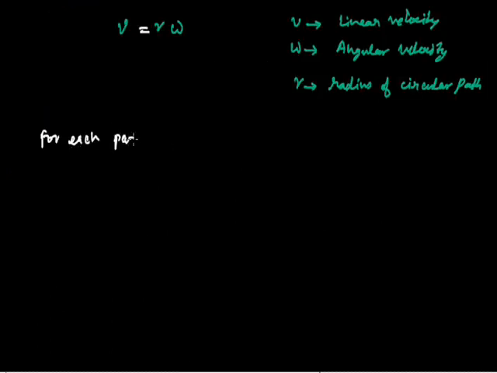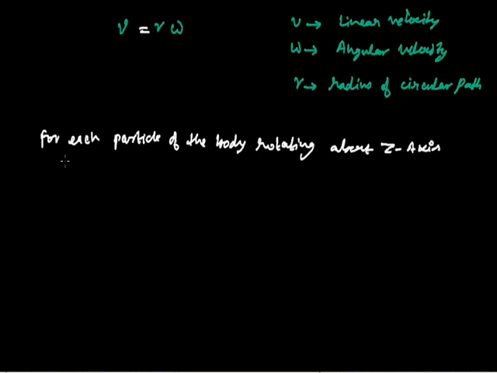So for each particle of the body rotating about the z axis, the relation between the linear velocity of the particle, the radius of the circular path that the particle is describing, and its angular velocity is vi equals omega ri.